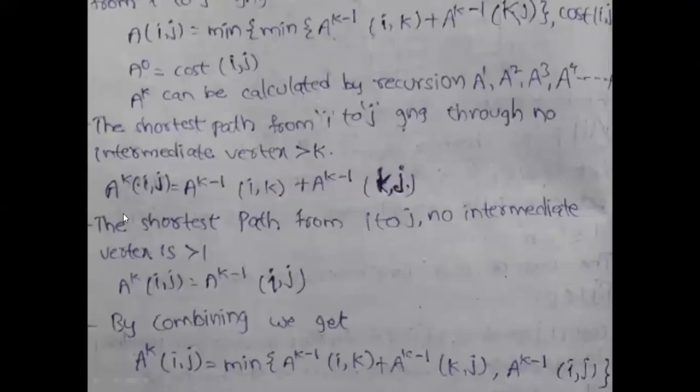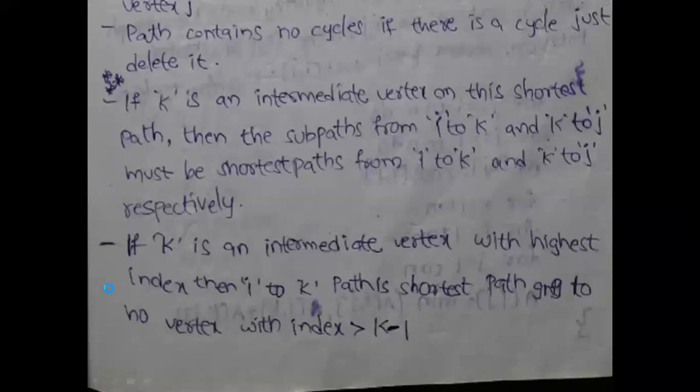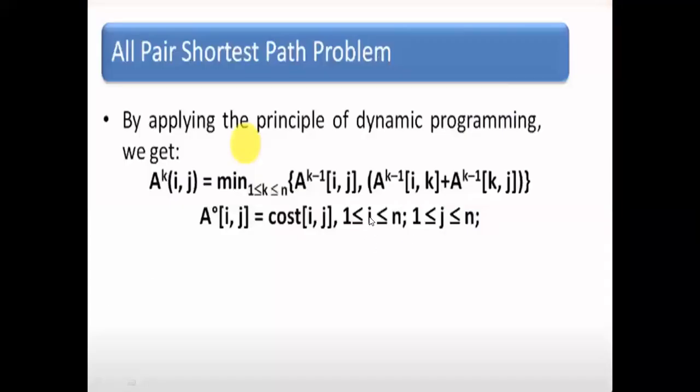By using these conditions, you are calculating the mathematical formula. In dynamic programming, you calculate this formula by using the principle of optimality. Based on the mathematical formula, we calculate the shortest path from i to j.